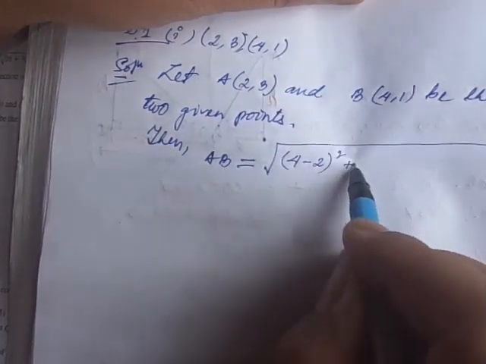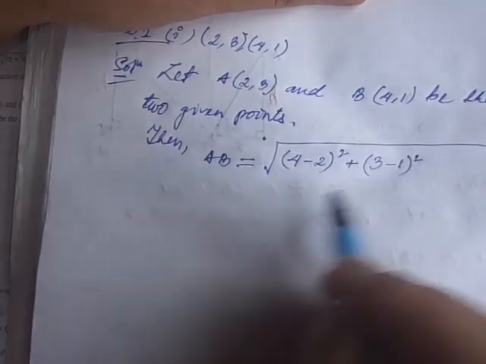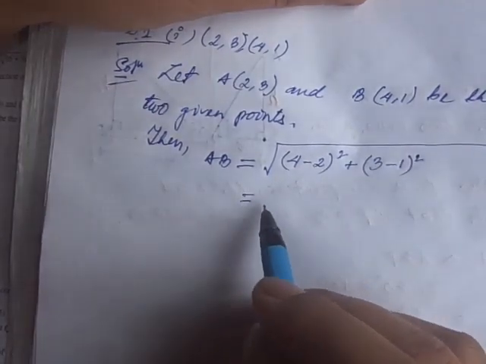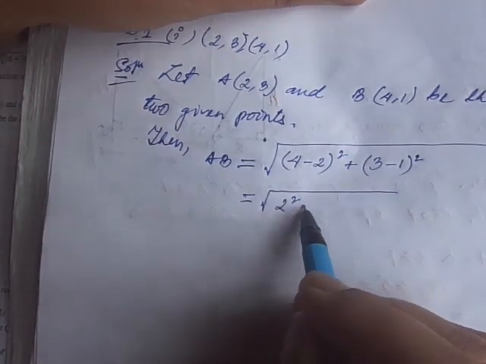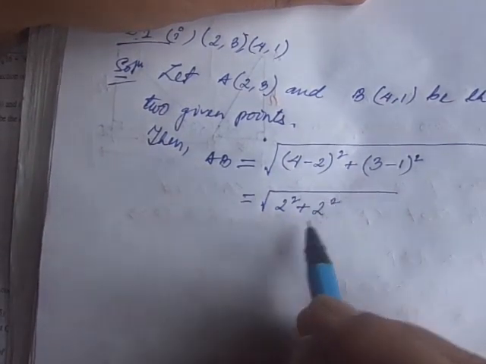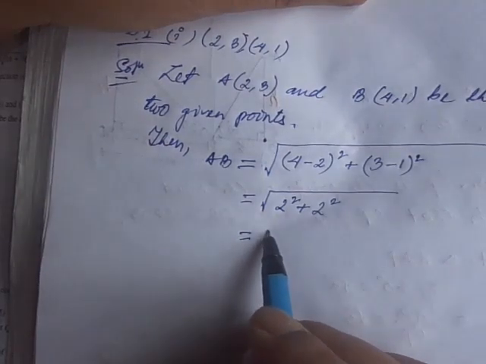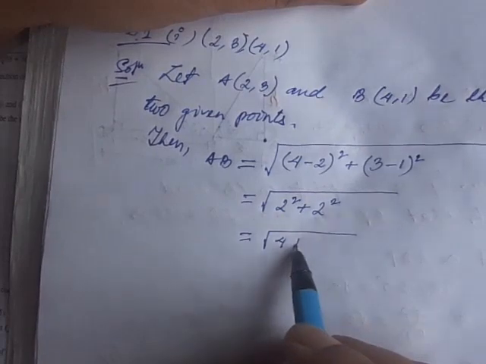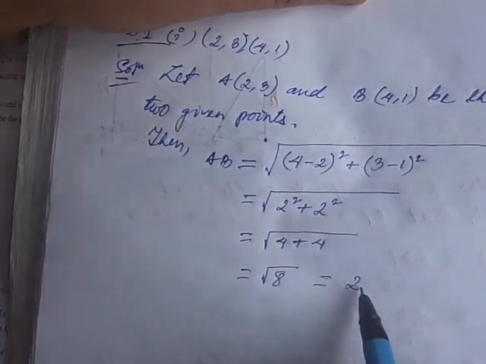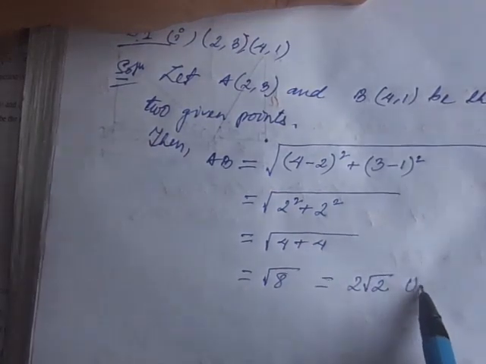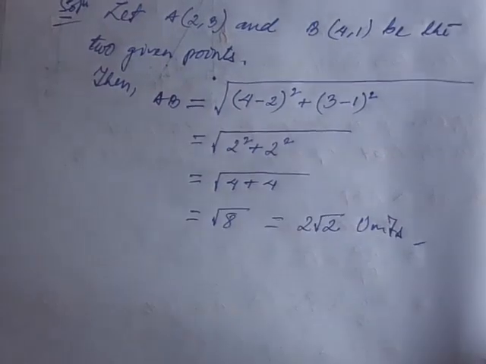Then plus 3 and 1, 3 is bigger, so we write the bigger number first. So we get 4 minus 2 is 2 square plus 2 square. So we get square root of 4 plus 4, that is root 8, which is equal to 2 root 2 units.